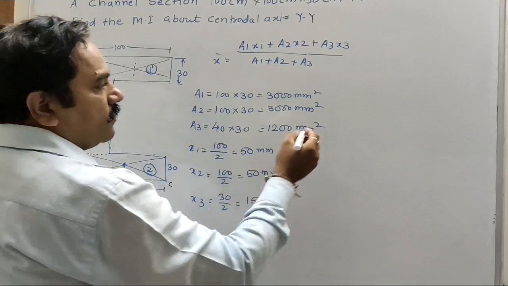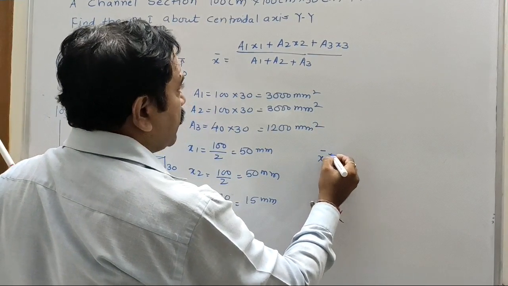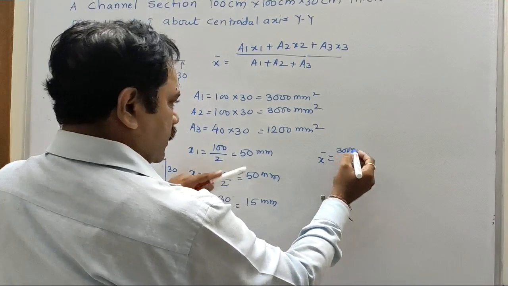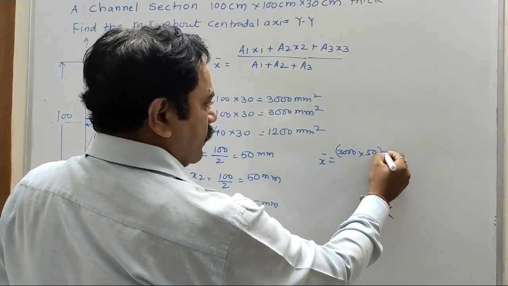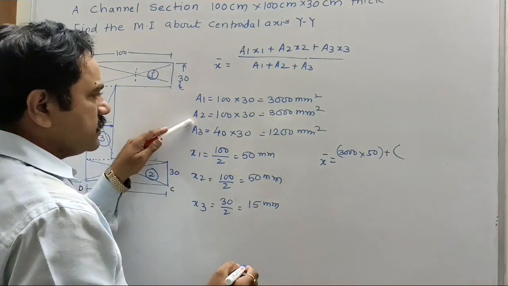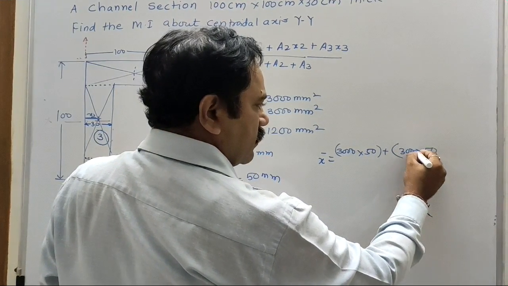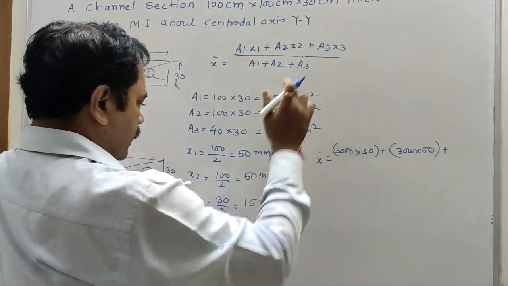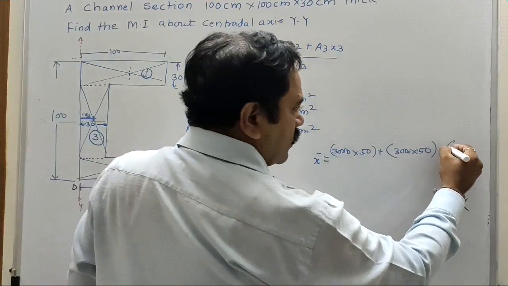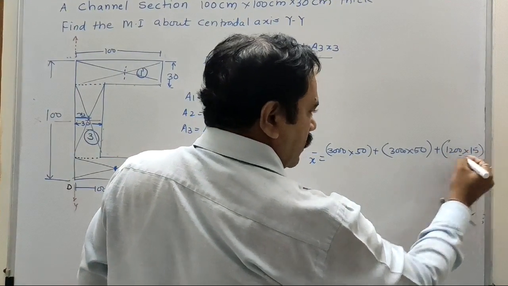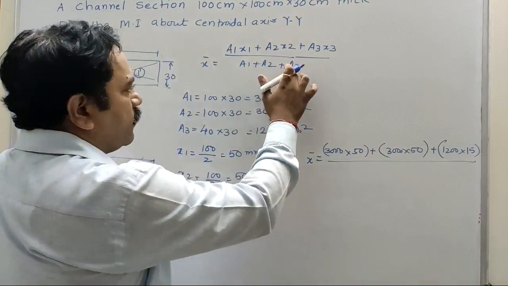Put these values in x bar equal to a1, which is 3000, into x1, which is 50, plus a2, which is 3000, into 50, plus a3x3, a3 is 1200 into 15, upon the summation a1, a2, a3.